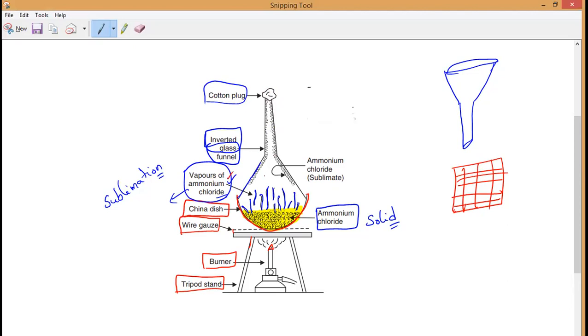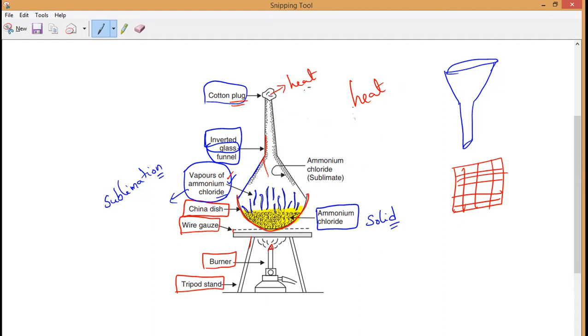Now the gas will come and hit the walls of the funnel. Will heat exchange or not, guys? If you touch a hot surface, the body absorbs heat. In the same way, when hot vapors of ammonium chloride move up and touch the walls of the funnel, the walls absorb the heat energy, and the cotton plug also absorbs heat energy.